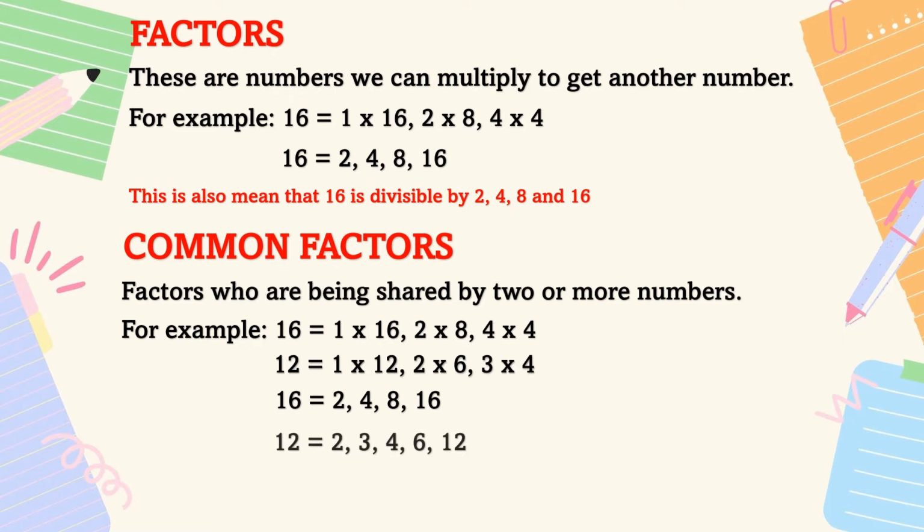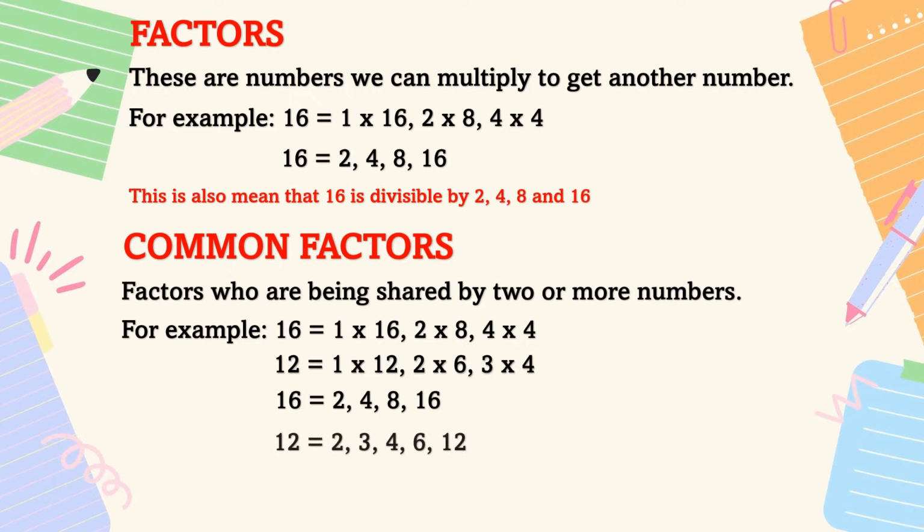Now that we have the factors of 16 and 12, it will be easier for us to identify the common factors. Just look at the factors of both numbers and circle what they have in common.